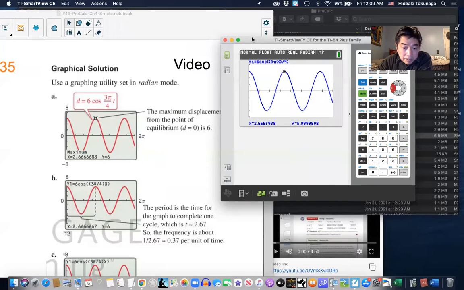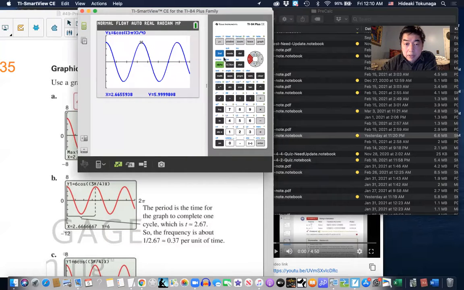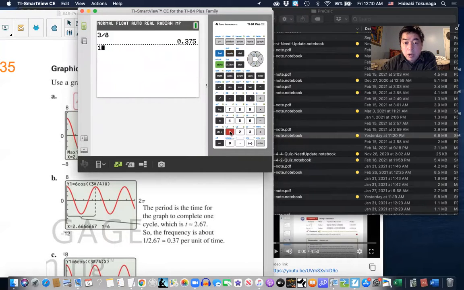Letter B, they ask for the period. The period is the time for the graph to complete one cycle. So one cycle goes from here to here, right? So that is 2.67, right? Now, one cycle divided by 2.67, let's think about this. 1 divided by 2.67.